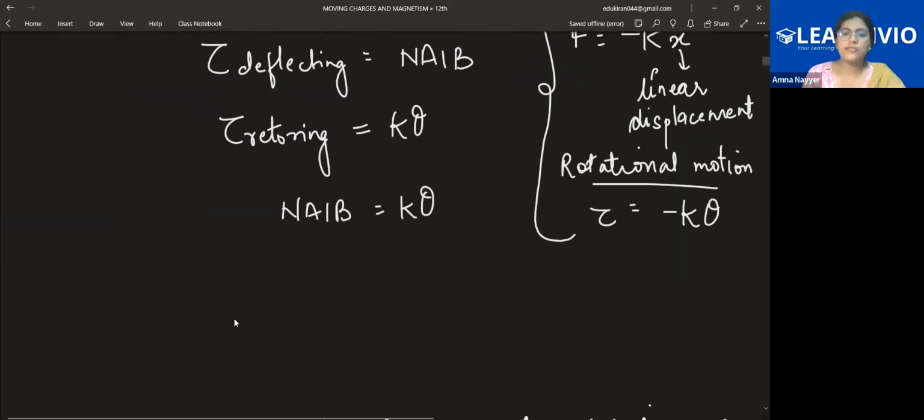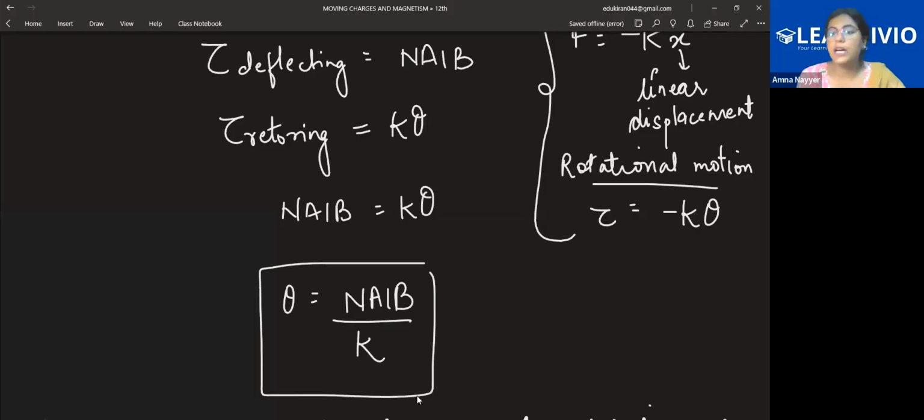So here we have the value of theta. Theta is equal to NAIB divided by this K. Whatever is the angular deflection that is produced, that is known as theta. It is basically the angular displacement. If the pointer is moving, it is displacing in terms of angle only.